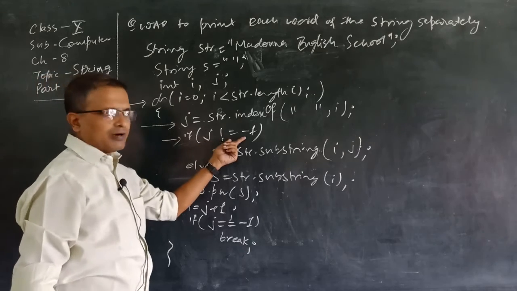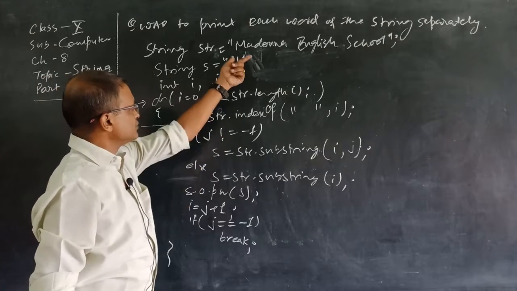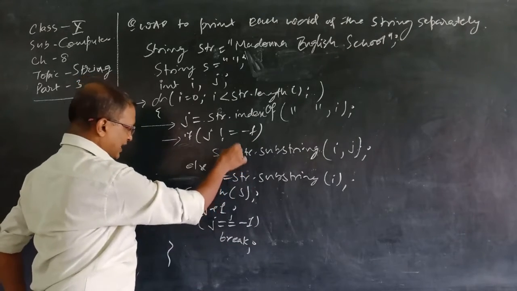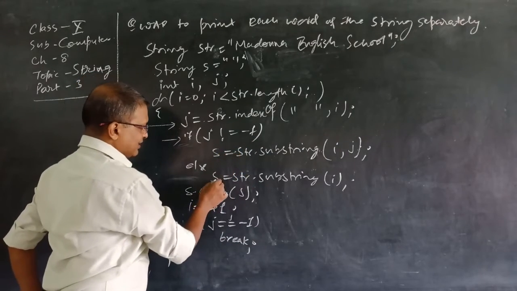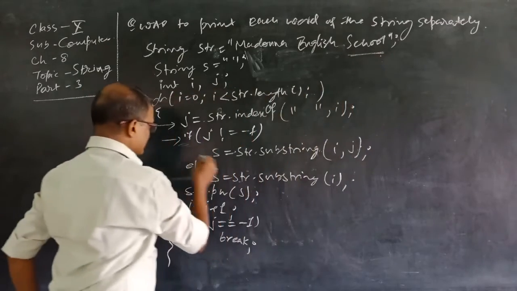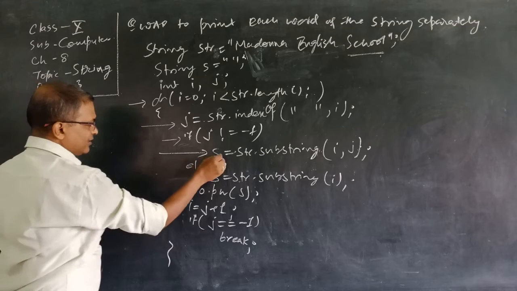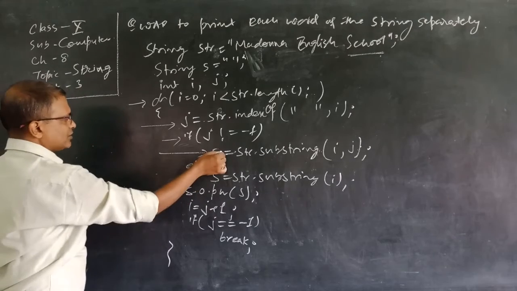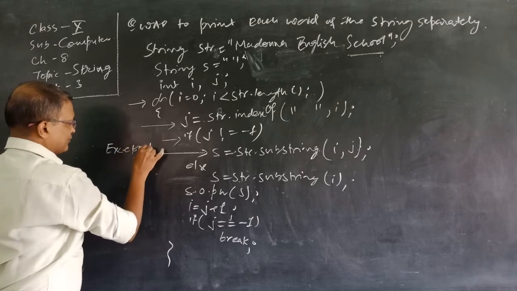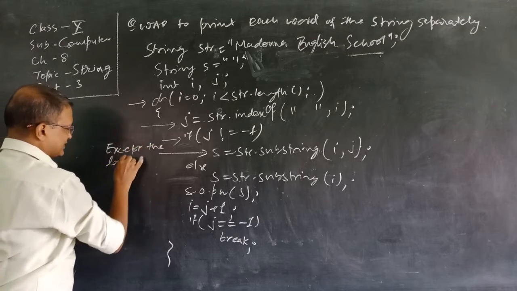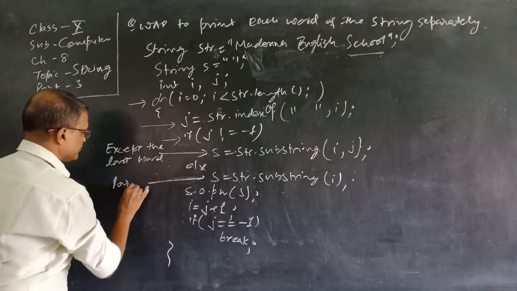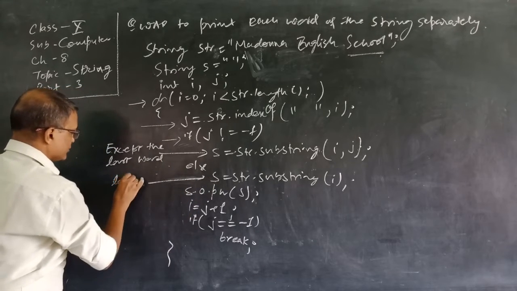If j is not equal to minus 1, it means if the value is found, j will not be equal to minus 1. You have to extract this string, and this substring will be extracted for the last index. Here you have to note that this substring will be all these words except the last word, and this will be the last word.